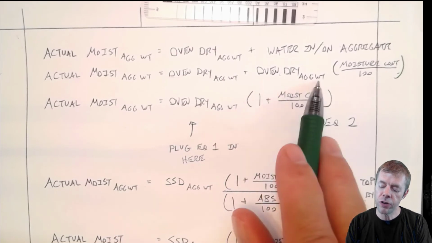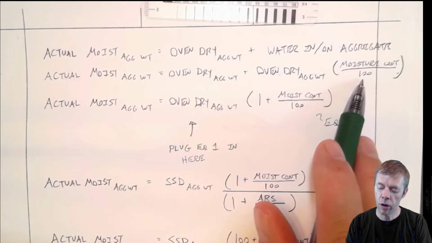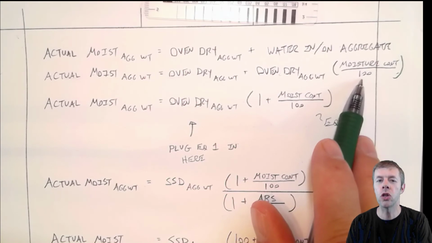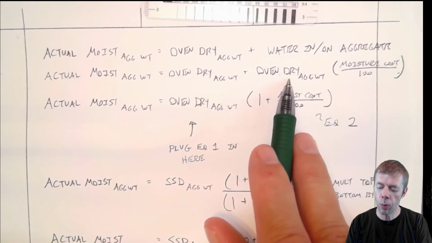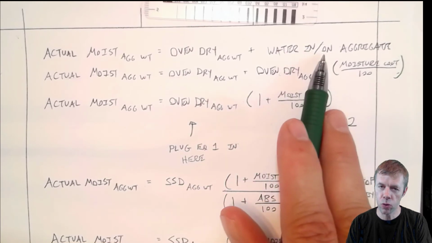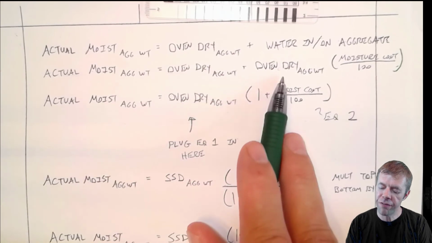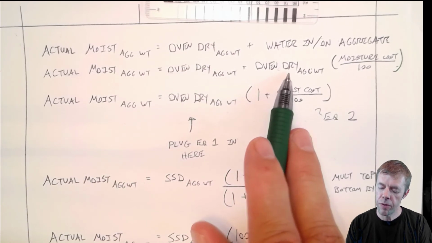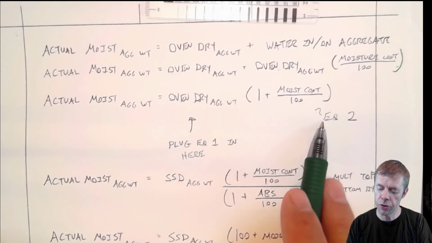And this is the oven dry aggregate weight multiplied by the moisture content over 100. Again, if you don't follow this, go back and look at the previous equation that we talked about. To find the moisture content, it's the oven dry weight multiplied by the moisture content over 100. This gives us the extra water that's in or on top of the aggregate. Now here, I can factor out oven dry from this, and I get 1 plus moisture content over 100, and this is called equation number 2.